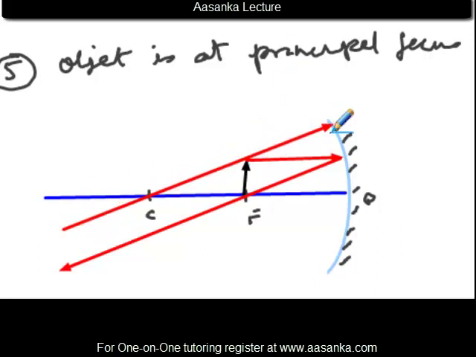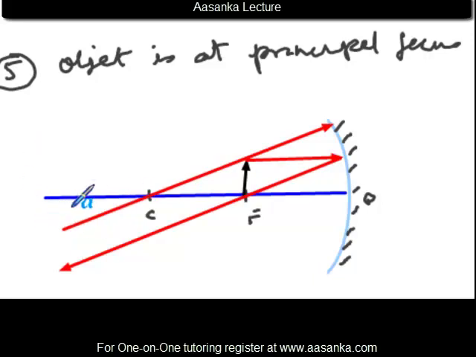So a ray going from here on the tip will go back like this, and therefore since the rays become parallel after reflection from the mirror and they are going to infinity, you say image is formed at infinity. It is real because you can put a cardboard or any screen and get the image.